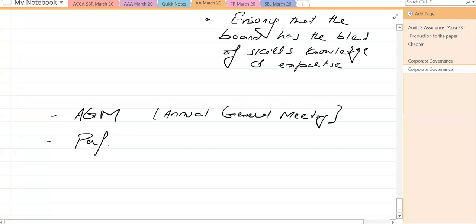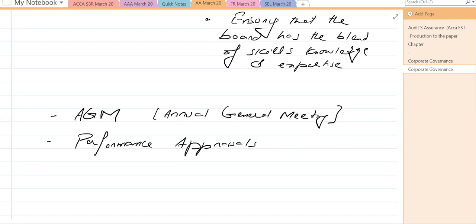Performance appraisals. Again, it is the responsibility of the chairman to conduct annual performance appraisals of the board, individual directors, as well as the committees. So AGMs, performance appraisals, induction trainings, we already discussed that, etc. That's it.